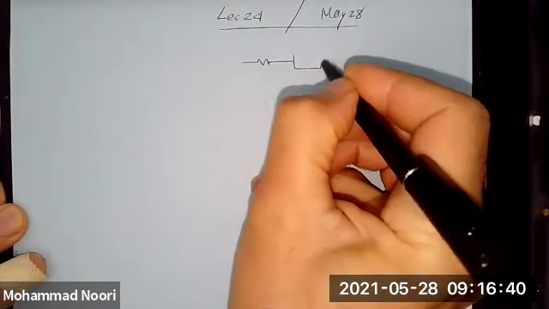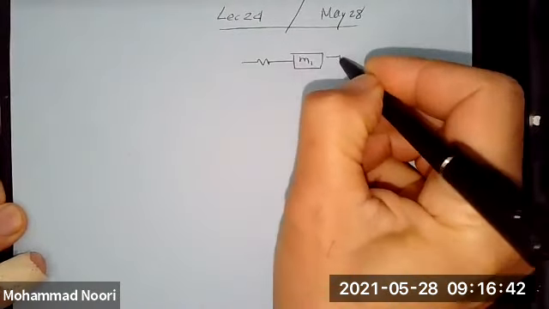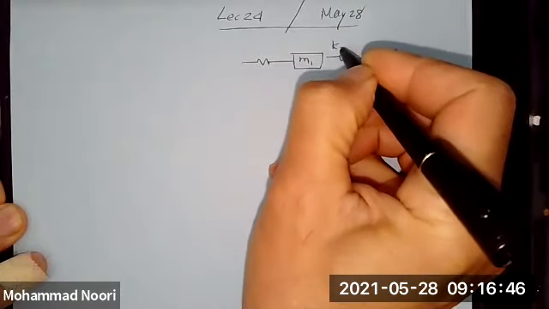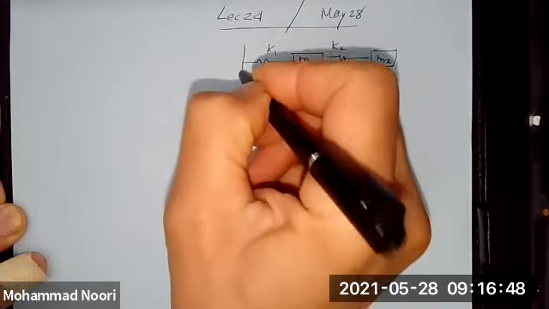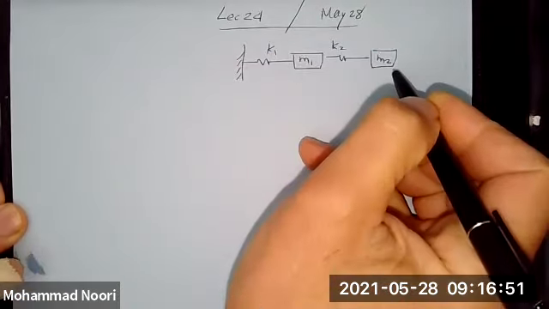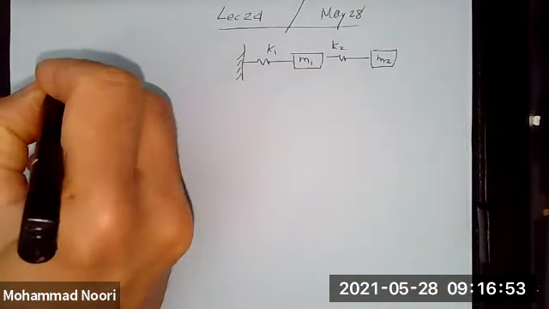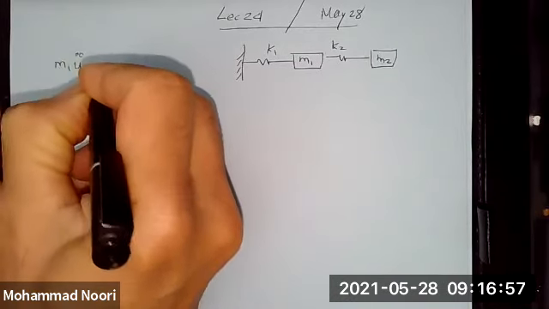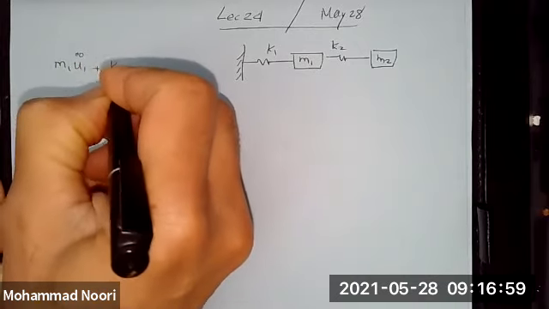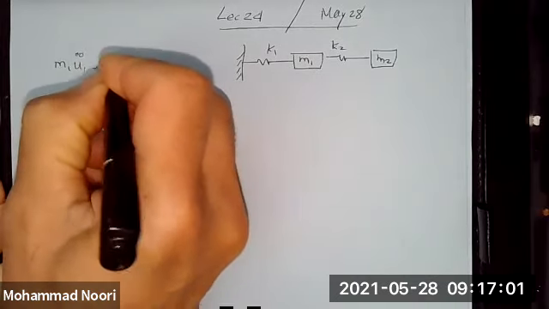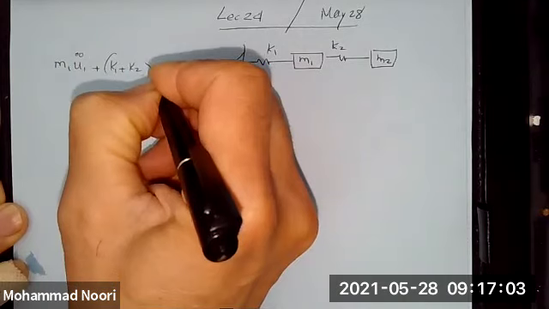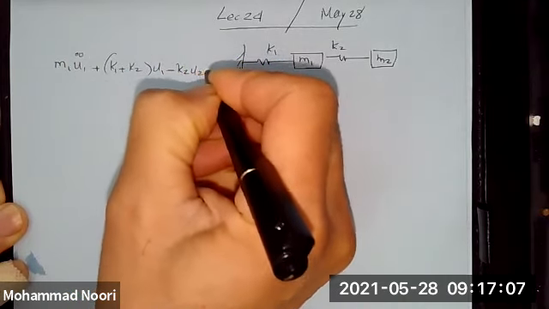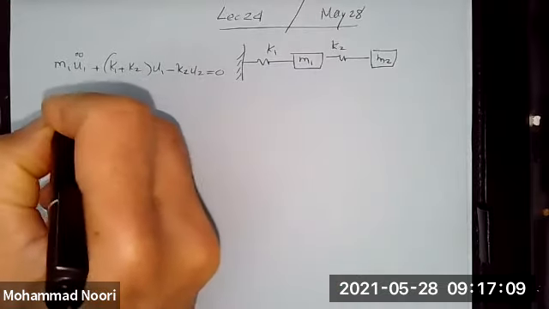Basically what I'm going to do: we set up the equation of motion for a 2 degree of freedom undamped system. And that looked like this: M1 U1 double dot plus (K1 plus K2) U1 minus K2 U2 is equal to 0.